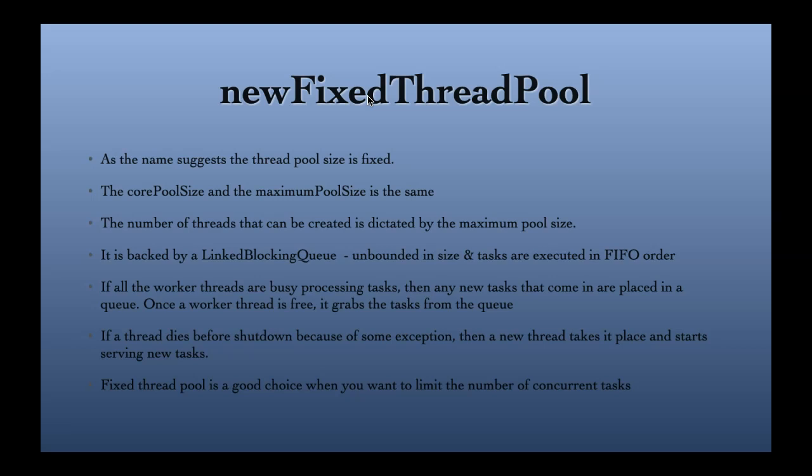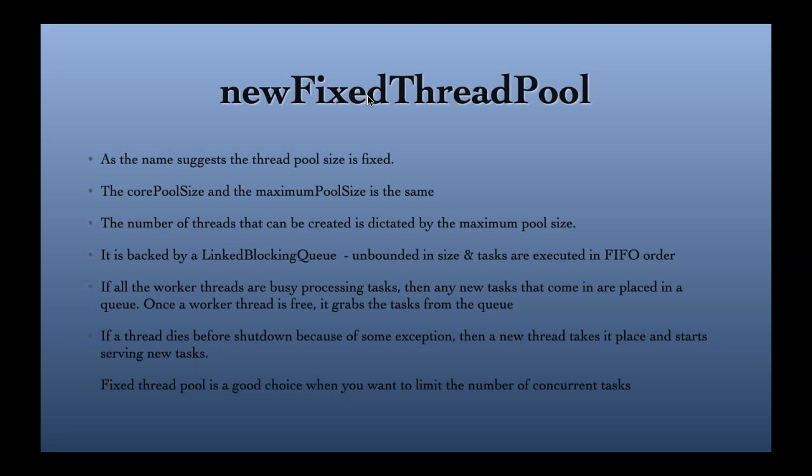So that is the use of the linked blocking queue. Now for whatever reason, if a thread dies by throwing some exception, a new thread would be automatically spun up, and then it would be ready to start taking the tasks in the queue.